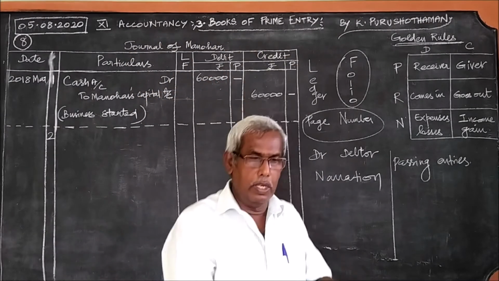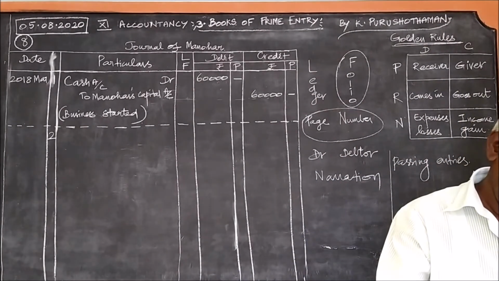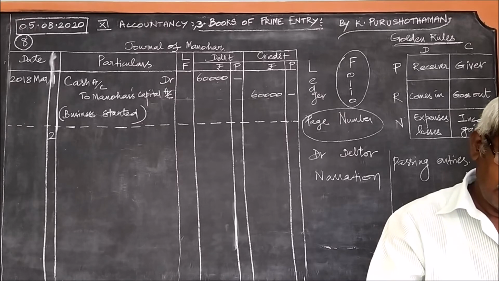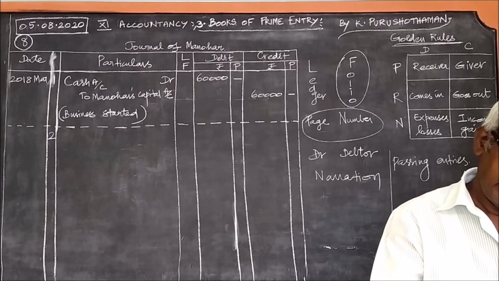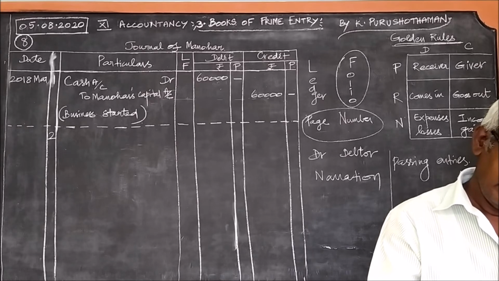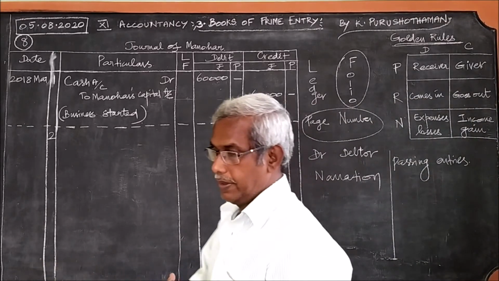You should open the column on label. Date, particulars, ledger folio, debit, rupees pies, credit, rupees pies. This is how you should follow.